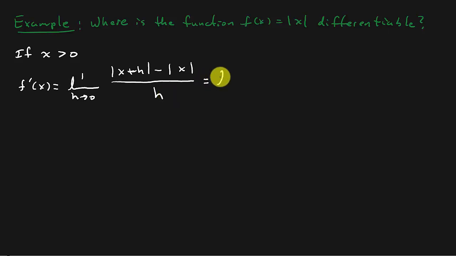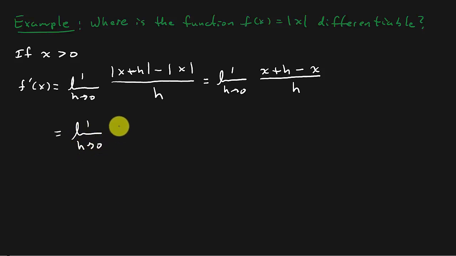The absolute value of x plus h is just x plus h, and the absolute value of x is just x because x is positive, over h. So we get the limit as h goes to 0 of h over h, which is the limit of 1, which is 1.